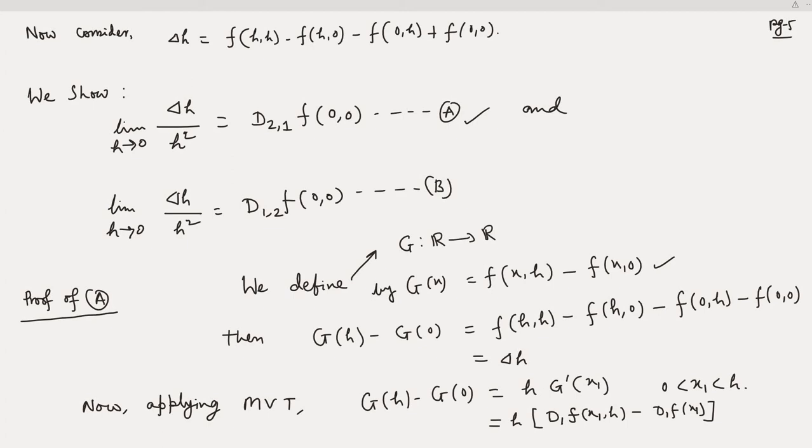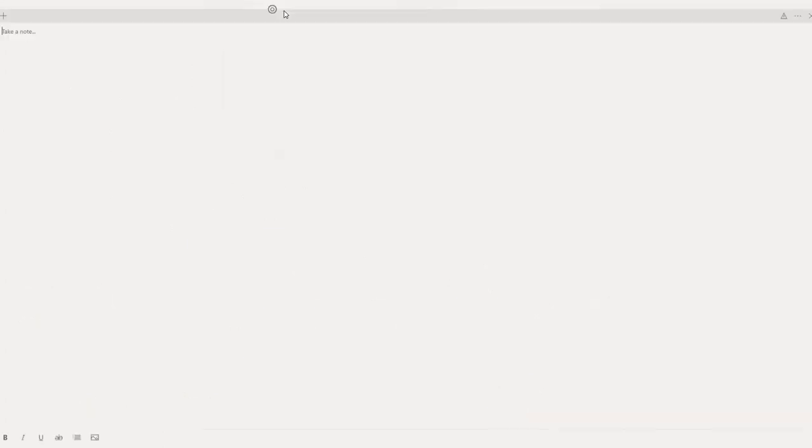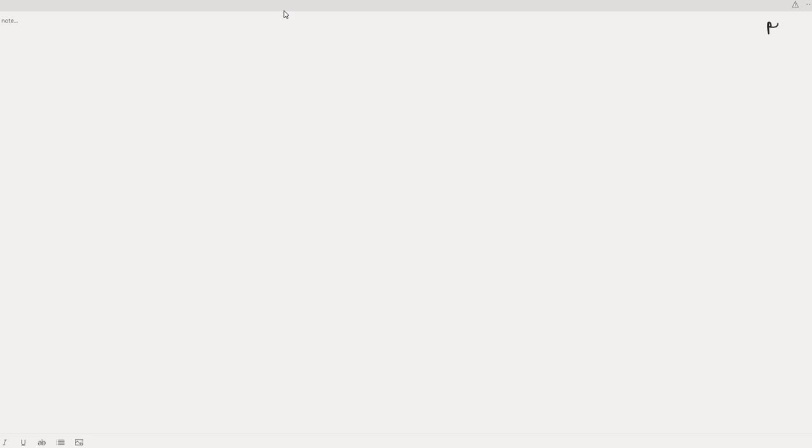Now, next page, page number 6. So now note that by condition 2, d1 f is differentiable at (0, 0).